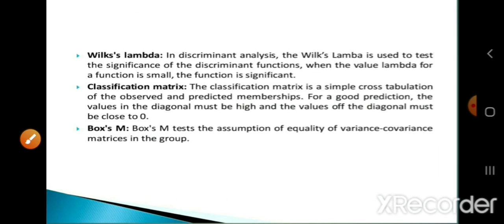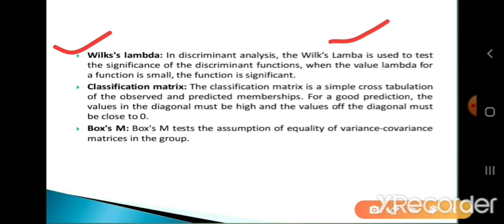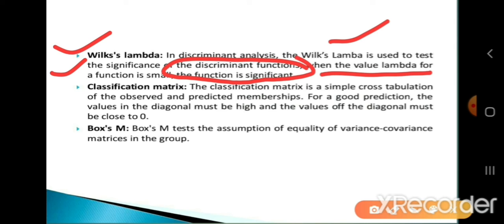Next is Wilks' lambda. In discriminant analysis, lambda is used to test the significance of discriminant functions. When the value of lambda for a function is very small, then the function is significant. So the lambda score signifies whether our assumed function is significant or not.